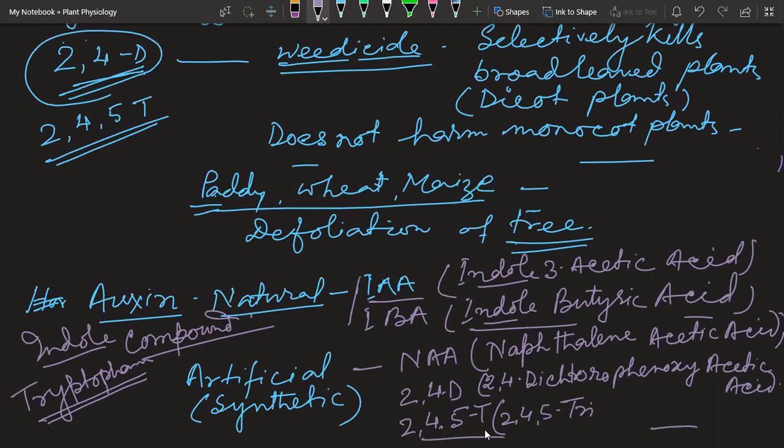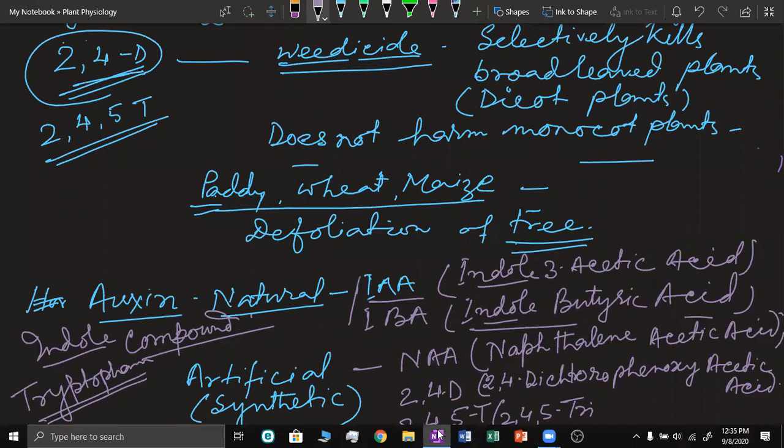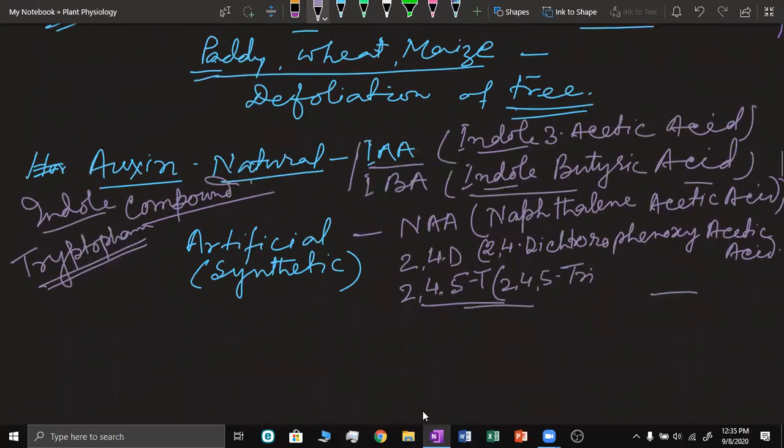These are the artificial or synthetic auxins.